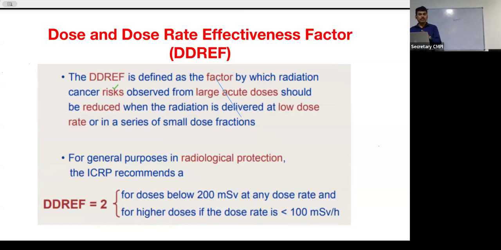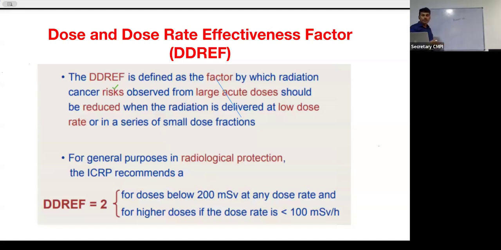This is exactly what I discussed in the first slide of this cancer induction, because we don't have a real established curve for low dose and low dose rate. So if you have the high dose probability, you have to apply a DDREF factor, which is considered as 2.